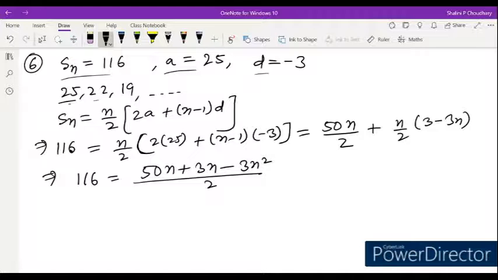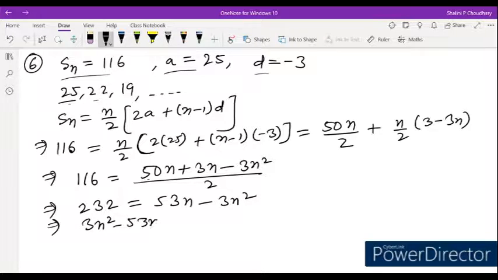Now we'll multiply this side: 116 multiplied by 2 is 232, equals 50n plus 3n, which is 53n, minus 3n square. So we get 3n square minus 53n plus 232 equals 0.